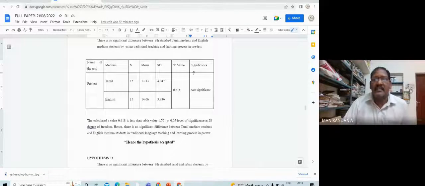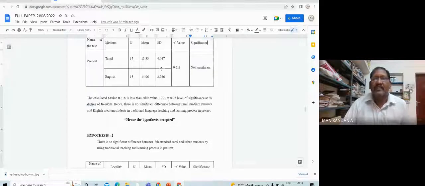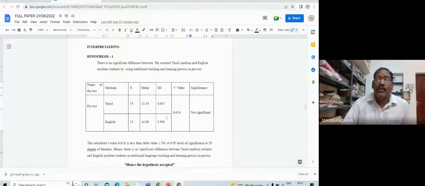In the pre-tests, after the calculation, the t-value is lesser than the table value. So my hypothesis is accepted. There is no significant difference in medium, Tamil or English.